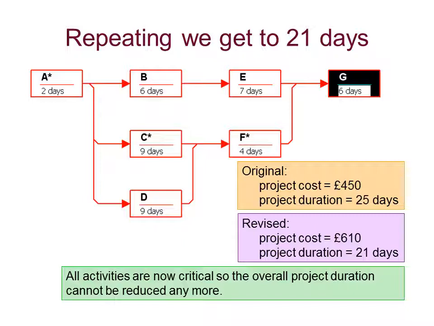Now, there's a number of issues here. One, the cost slope. We're assuming a straight line cost slope, that you add a bit of resource and you get a commensurate saving in time for that activity. Clearly, resources don't come in nice, smooth, incremental amounts like that.